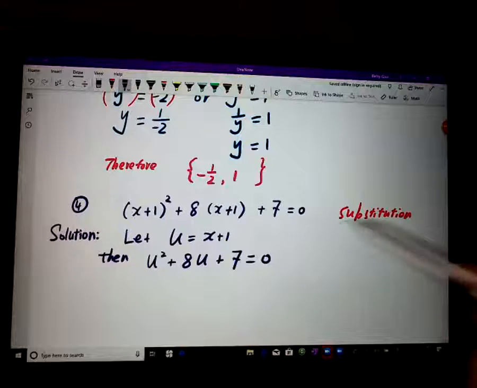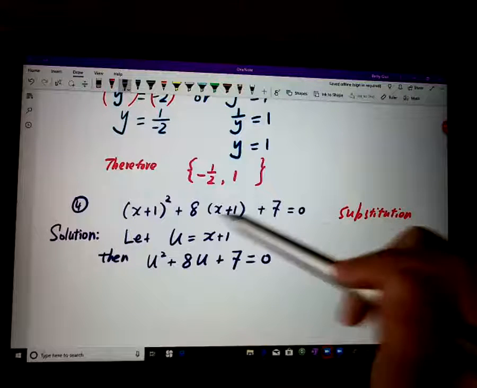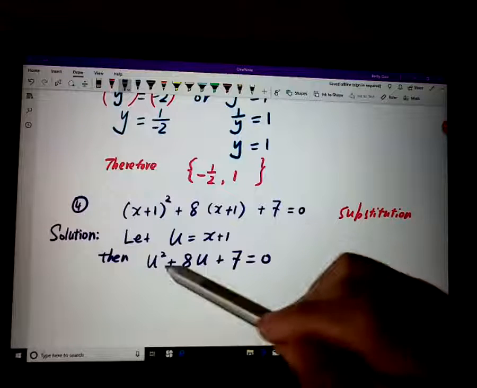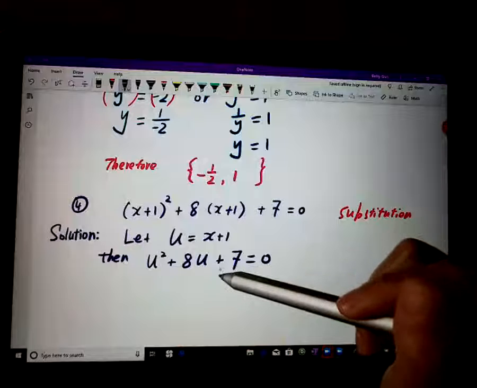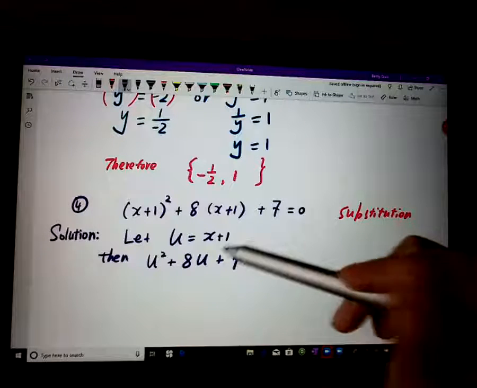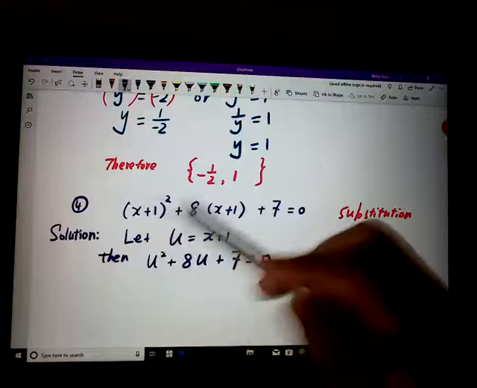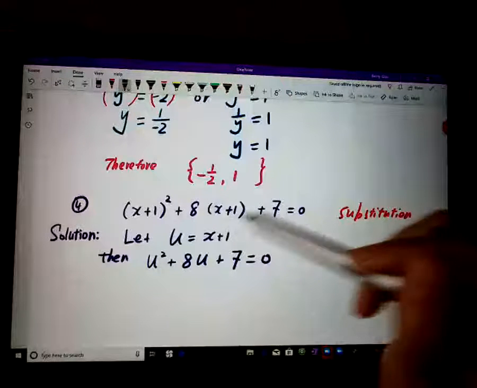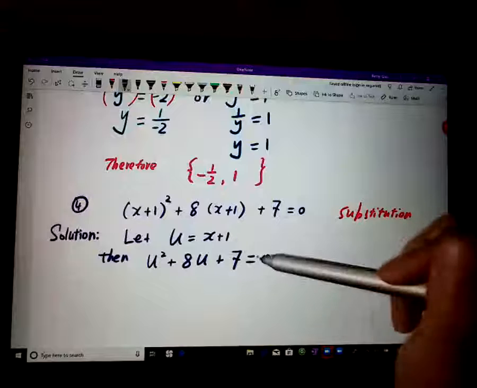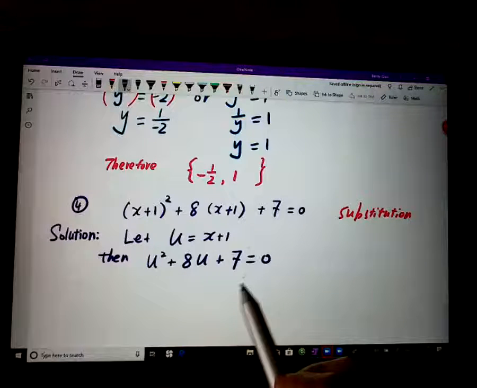By using a simple substitution, we rewrote the original equation as a quadratic equation in u. I would say that is simpler than FOIL here, distribute here, and combine like terms, reorganize everything. This is simpler. Now let's solve this equation for u.